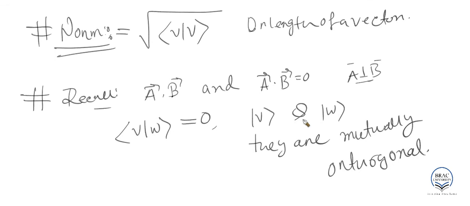Since we are dealing with orthogonal vectors, if I have a collection of vectors and each and every one of them has norm 1, and each and every one of them is mutually perpendicular to the others, we can say that these vectors are orthonormal to each other and they form an orthonormal basis.